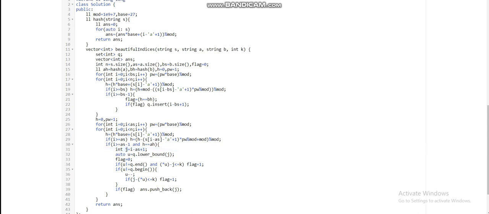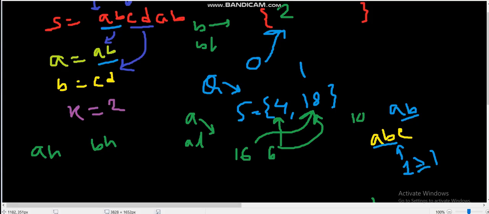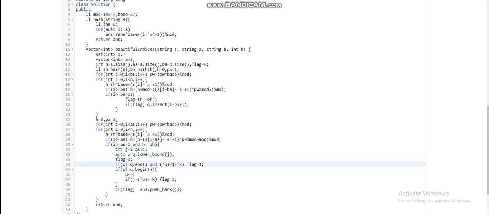We will take the starting index of the substring, which is i minus as plus 1. Now we'll try to take the lower bound of j in q, and if it is not equal to q.end, we are comparing it with the lower bound first. If it is less than or equal to k, we are marking the flag as 1.